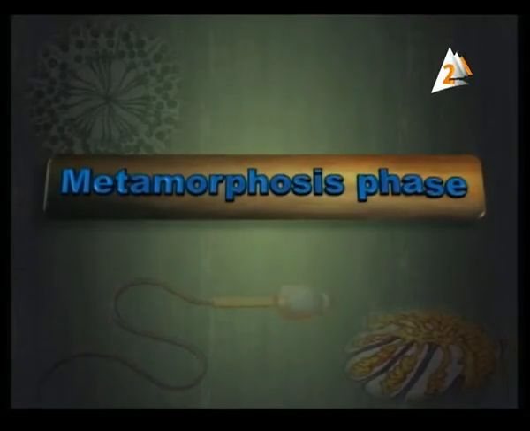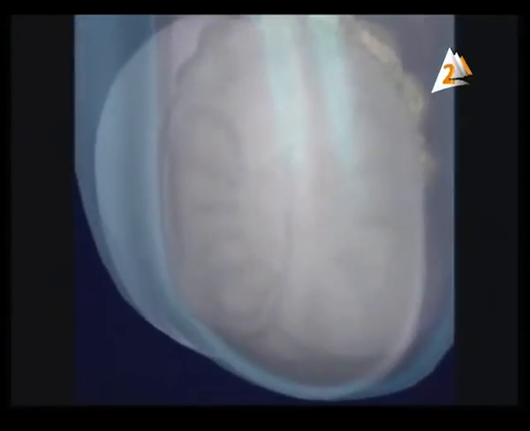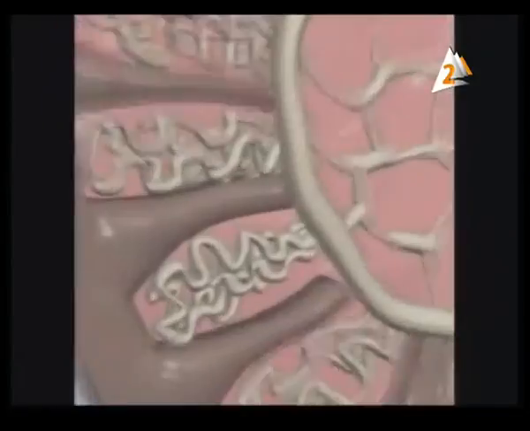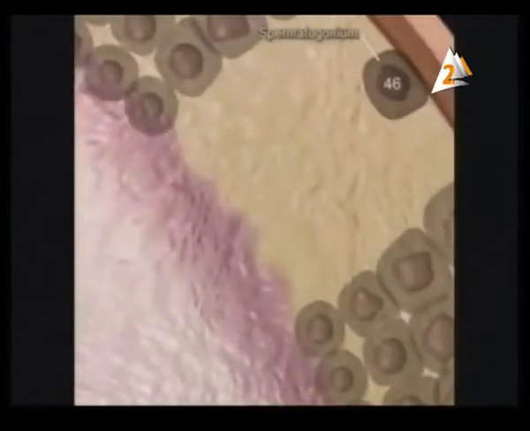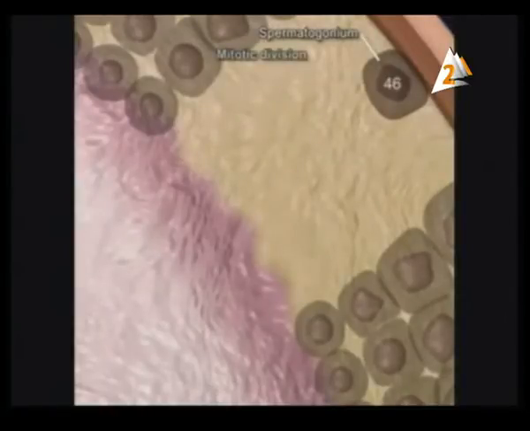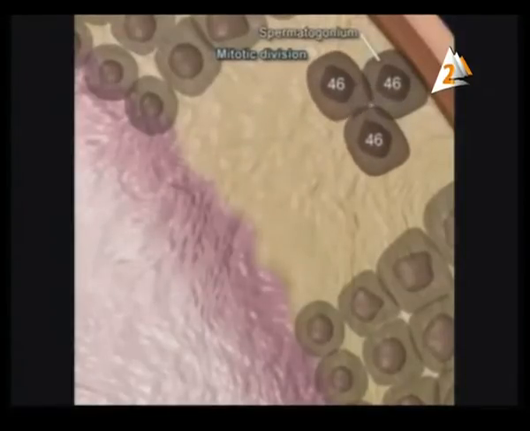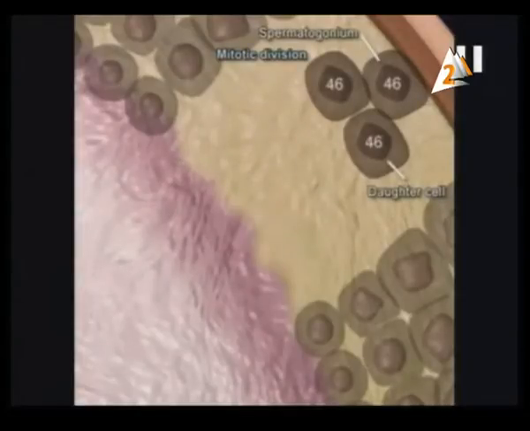Come and follow the formation of the sperm, as you will see in the following film. The first stage is the multiplication phase. In this phase, we find the primary germ cells, which are diploid. They begin by a division called mitosis, which makes typical cells of the mother cell.